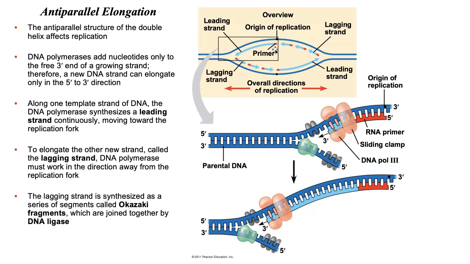The DNA polymerase enzyme can only build 5' to 3'. So if the origins of replication were here, we put our RNA primer, the red piece here, that's the RNA piece. The DNA polymerase would have jumped on there and began putting on the nucleotides at the 3' end.